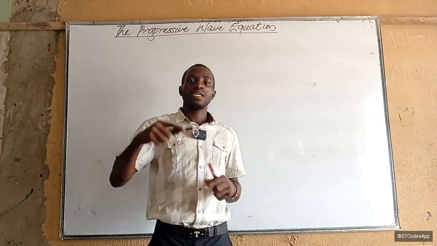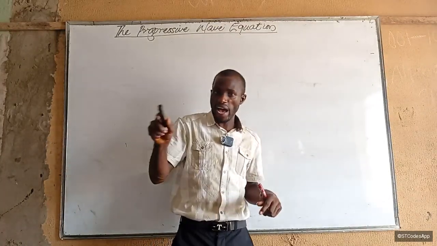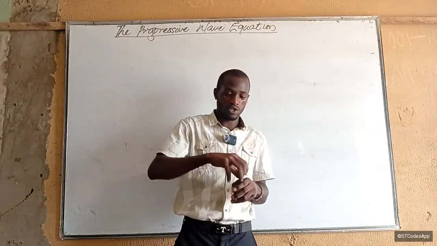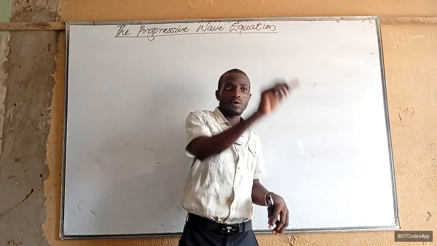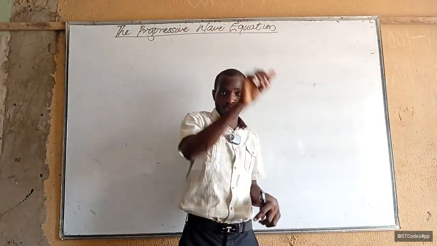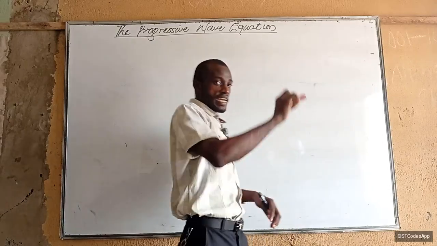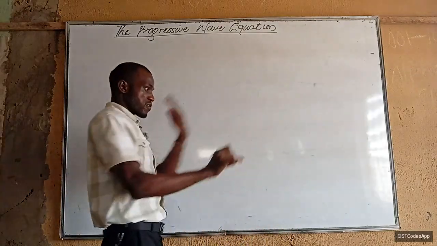Is that clear? One of the ways by which I've proven this is that if I have this marker, look at this red marker in my hand, it's going like this. Now this is a circular motion. If I change the frame of reference such that I move in this direction, I'm now facing here.